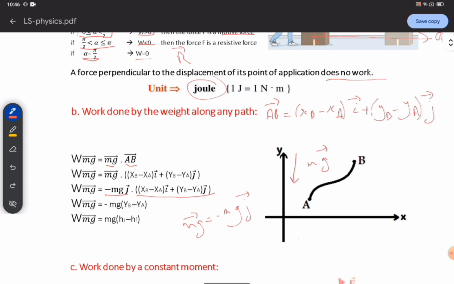We have j scalar i equals 0 in math, since j and i are perpendicular vectors. When two vectors are perpendicular, the scalar product equals 0.